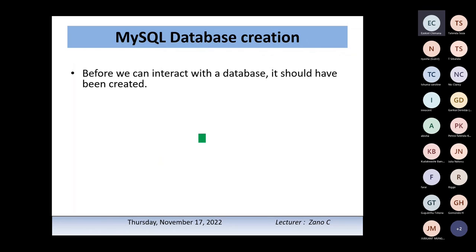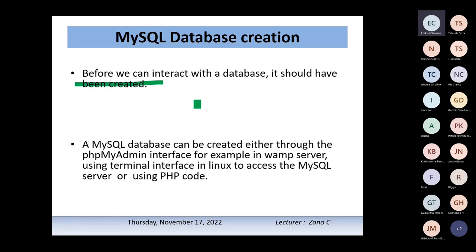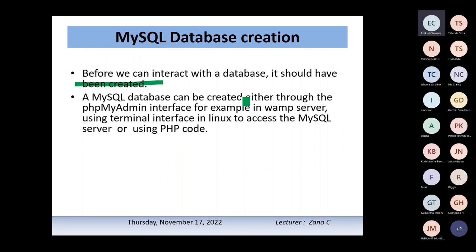Before we can interact with a database, it should have been created. So first, you have to create the database. A MySQL database can be created either through the phpMyAdmin interface, for example, in WAMP server or XAMPP server, or using the terminal interface in Linux to access the MySQL server, or using PHP code.